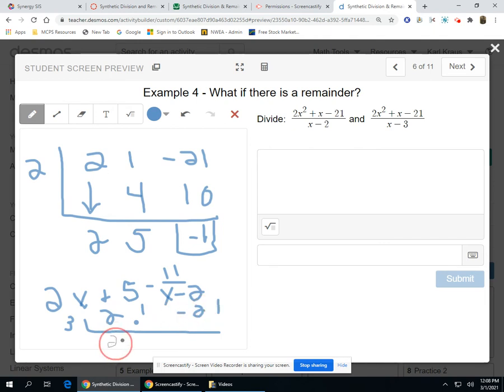Bring down the 2, multiply, get 6. Add, you get a 7. Multiply, you get 21. And the remainder is 0.